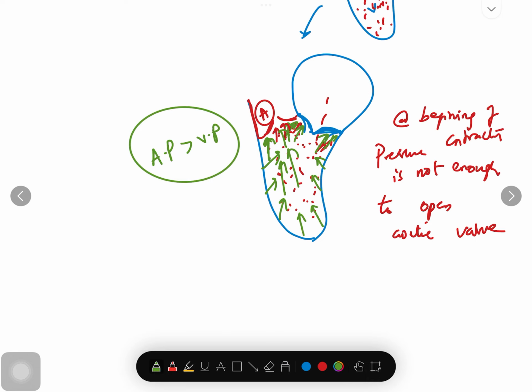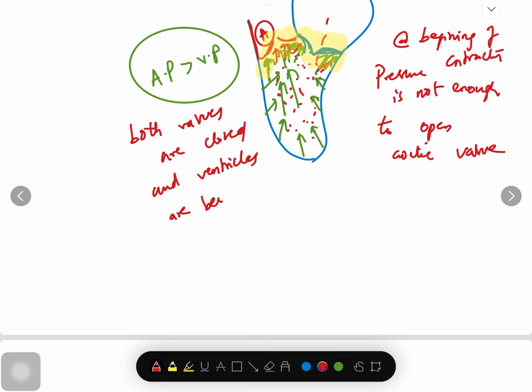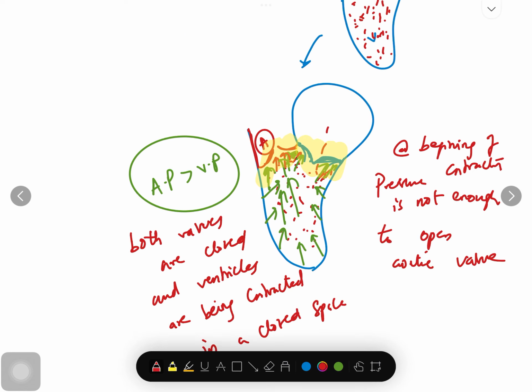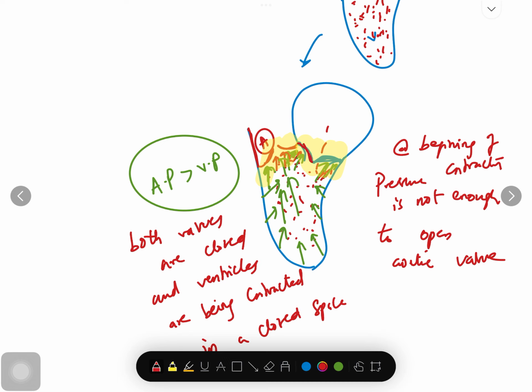so guys, here ventricle is trying to contract, trying to open this valve, but unfortunately atrial pressure is more than ventricular pressure, so the valve is not opening. So here this valve is closed, this valve is closed, so both valves are closed, and ventricles are being contracted in a closed space.